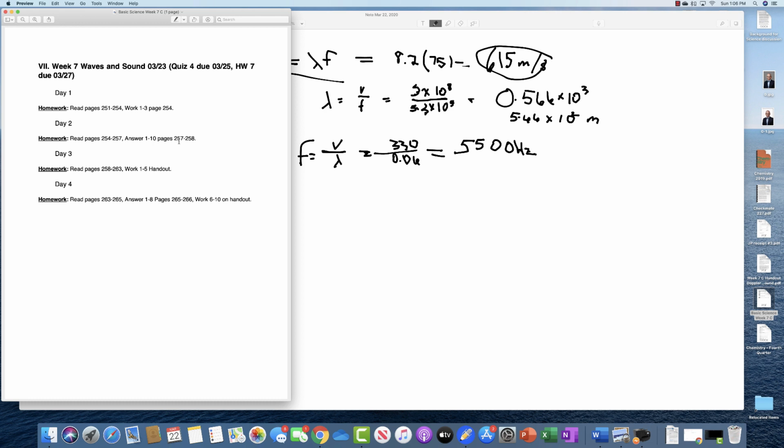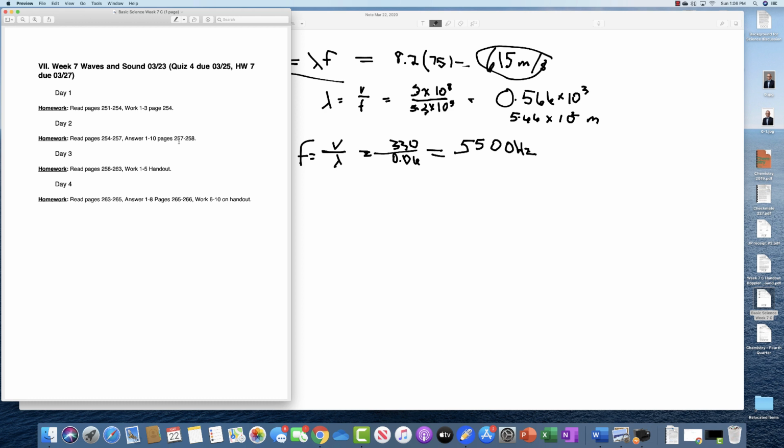These are review questions, okay? Since these are just questions that you can look the answers up in the book, I am not going to go through the answers to these questions. In other words, questions like number 1, what is a wave? If you go back to, say, page 254 and read that part, it will tell you what a wave is.